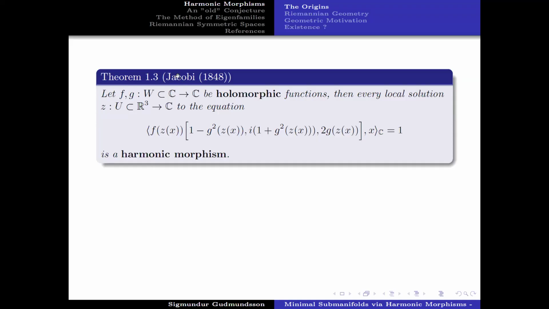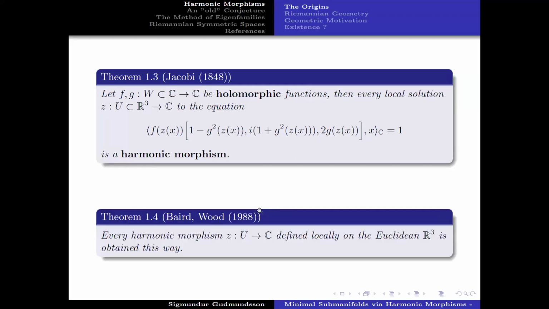He tried to show that every solution to the problem could be found this way. He did not succeed. But 140 years later, two guys, first of all, they used modern methods for this, but then they later found a classical proof that every solution to the problem locally is a solution of this.